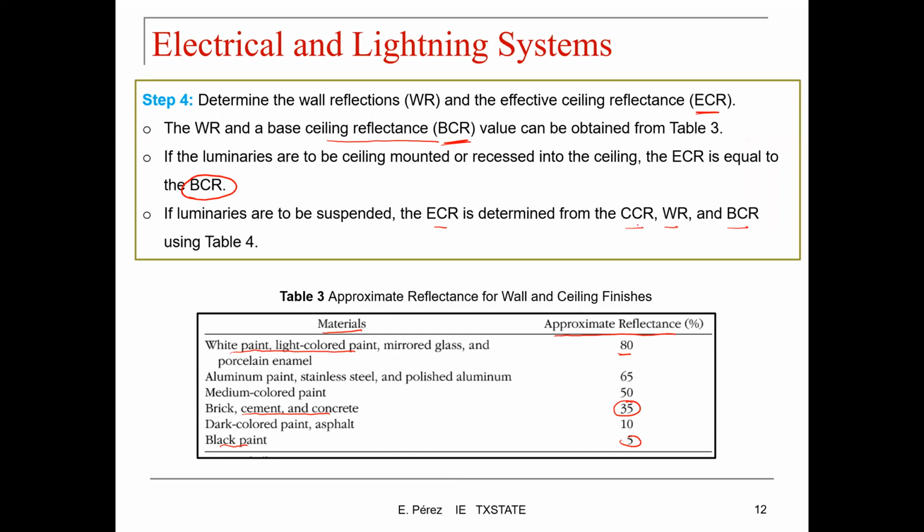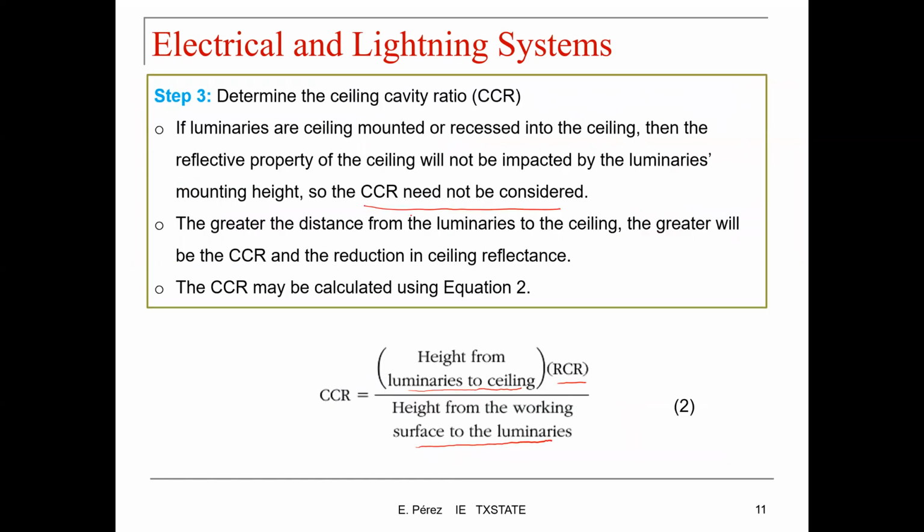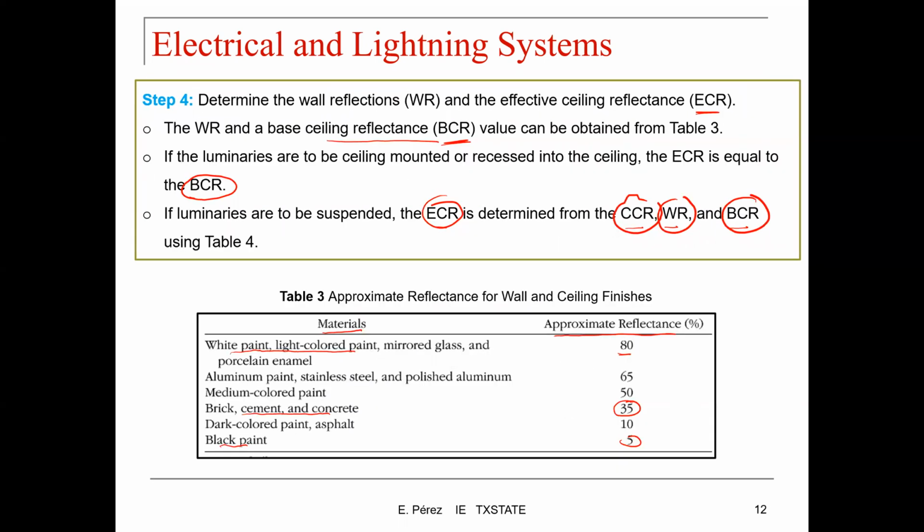So we'll need these 3 values, CCR, WR and BCR, in order to compute the ECR. So the CCR was computed here in the third step, and the WR is coming from table 3.